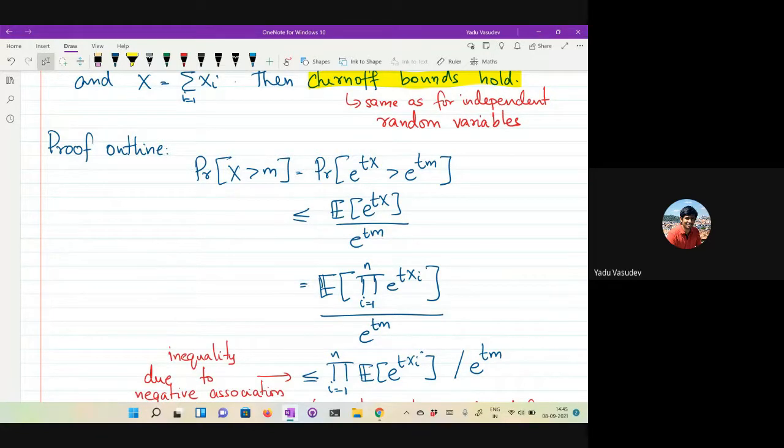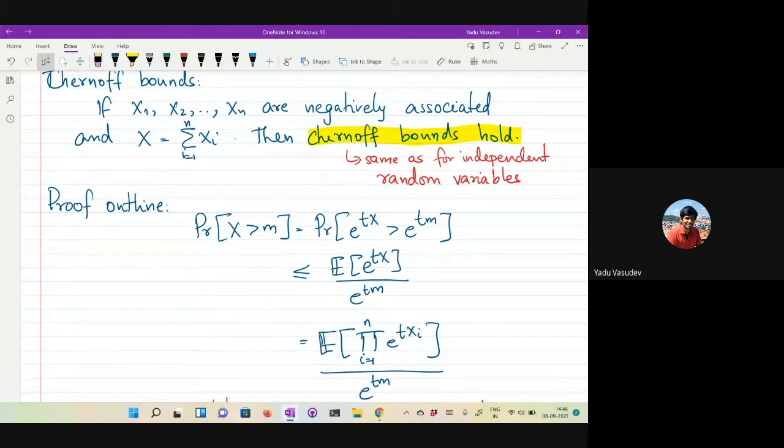Right? So that is very nice because you don't need full independence for Chernoff bounds, you only need that these are negatively dependent. Correct? Any questions so far? Is the notion of negative dependence clear? The definition.